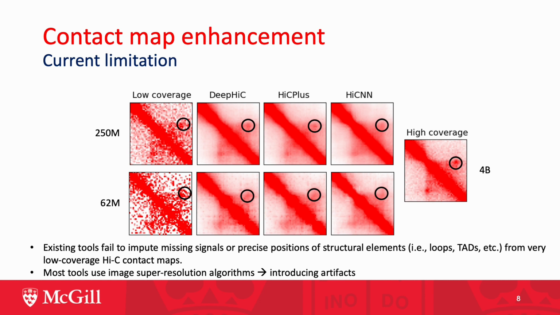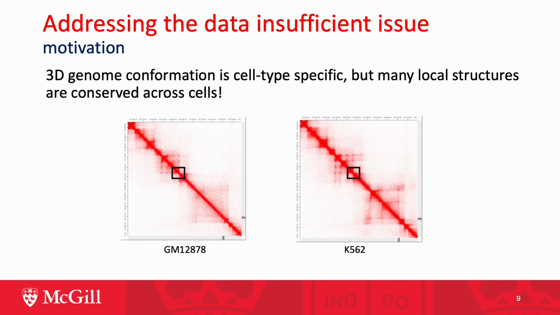Also, most tools use image super-resolution algorithms to do the contact map enhancement. They do introduce artifacts. In a Hi-C contact map enhancement task, we are aiming at addressing the data insufficiency issue.